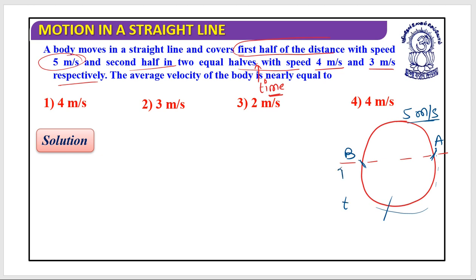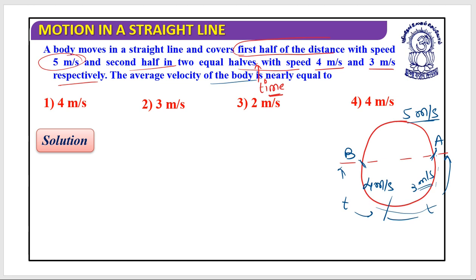Here the time would be equal, even here the time would be equal. This would be 4 meter per second and this would be 3 meter per second. This is what they have given. Now I need to find out the average velocity of the body. How could I do it?